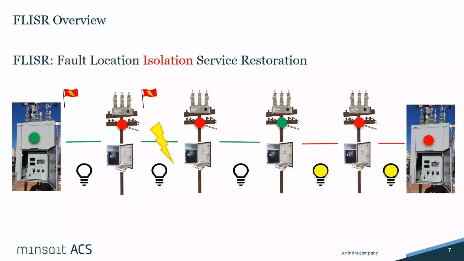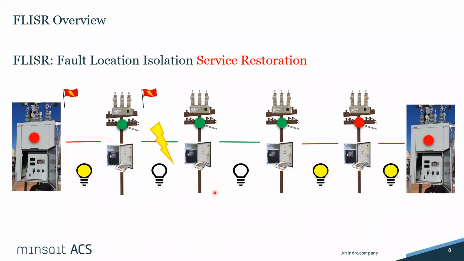So the next part of FLISR is the isolation. What the scheme is going to do is open up those breakers or switches, whatever you have there, and isolate that fault. Then we go on to service restoration, and this happens in two parts. The first part is relatively straightforward. It's upstream service restoration, and because we know the fault is isolated, we're going to close in that substation breaker and restore those customers upstream of that fault.